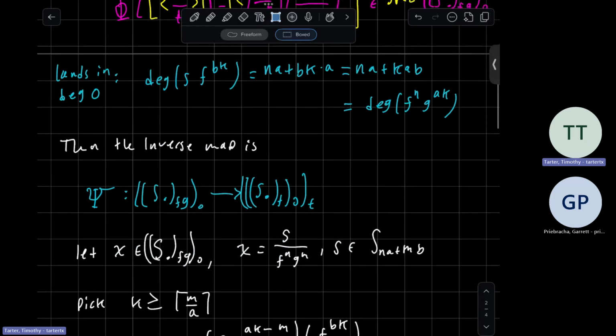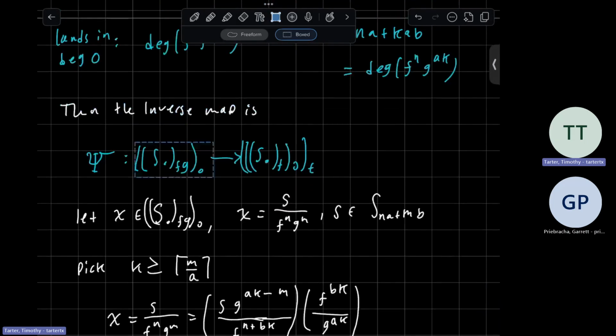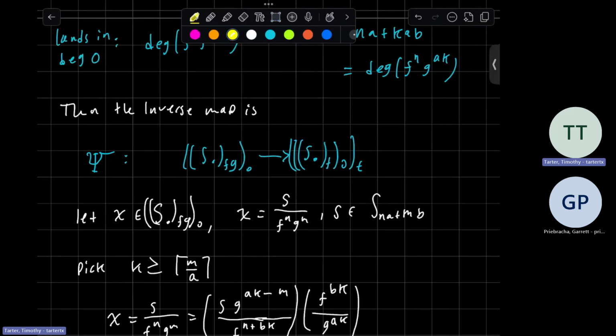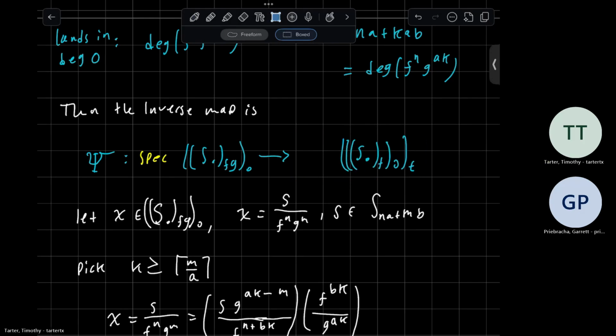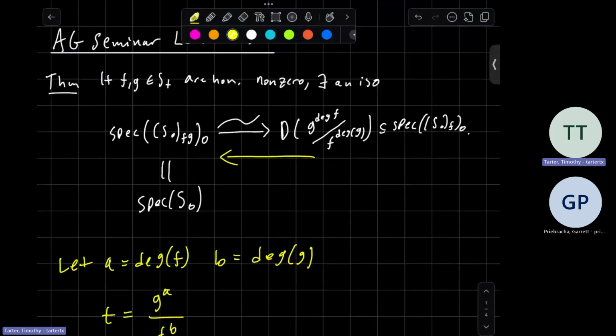And then similarly here, instead of the inverse map that is currently written out, we want to send things basically from Spec to Spec. And the key note here is that in our setup, this is a subset.